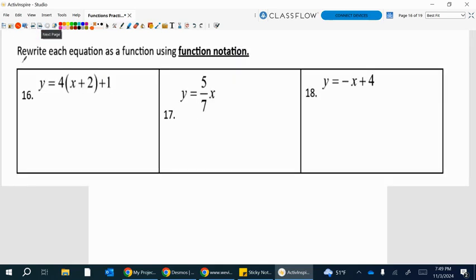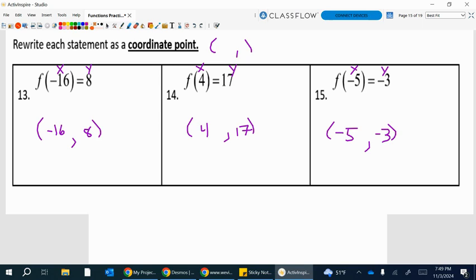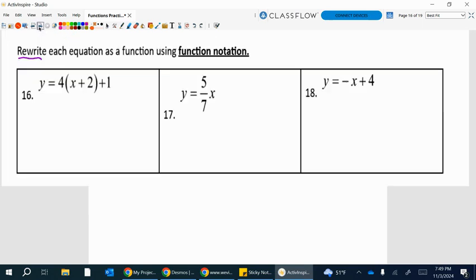Okay, this one is rewrite, write again, but this time I want it in function notation. And if you remember from the lesson or you've seen in some of these questions, you can either write an equation with a y or function notation, which is f of x. So all we're going to do to rewrite this is change our y to f of x. It means the same thing.